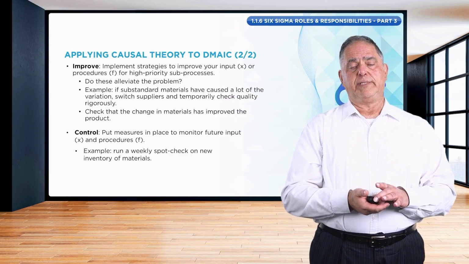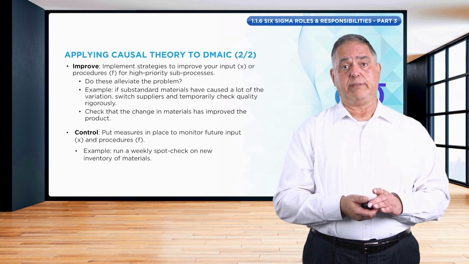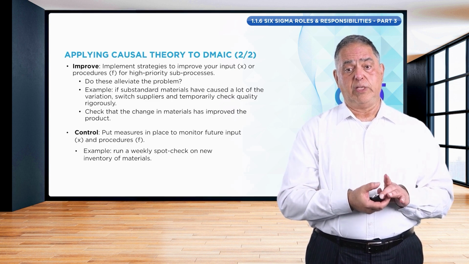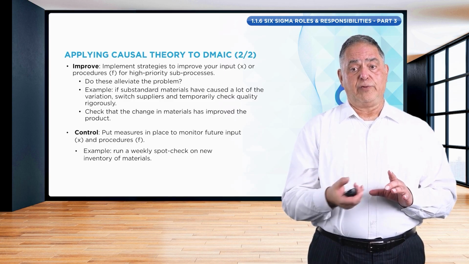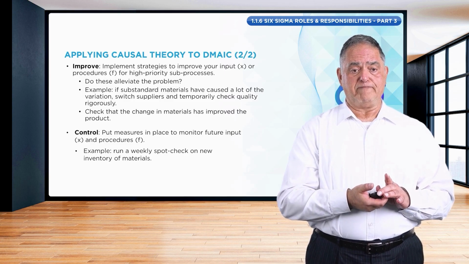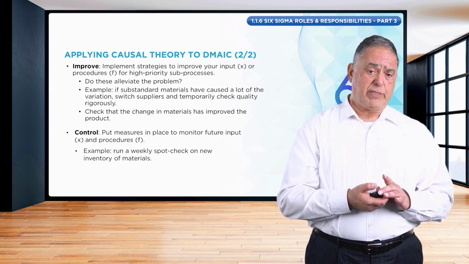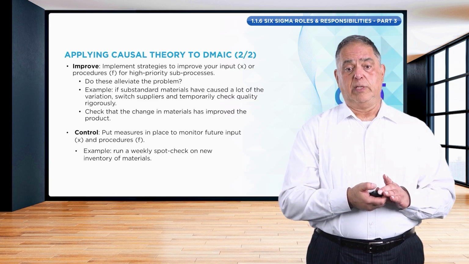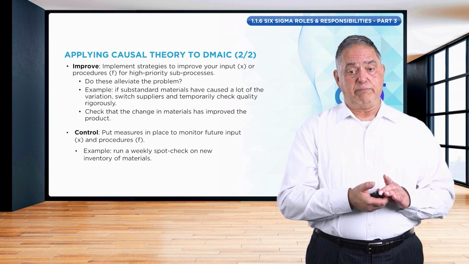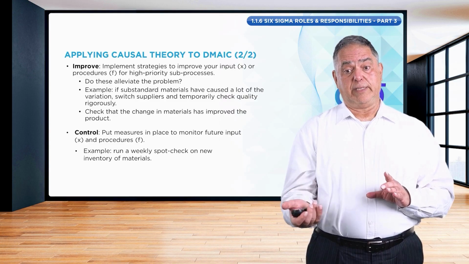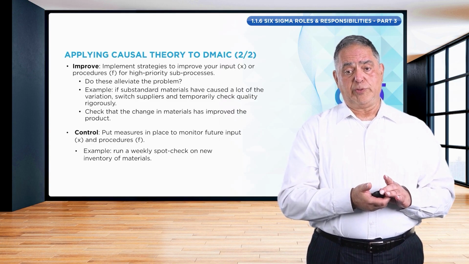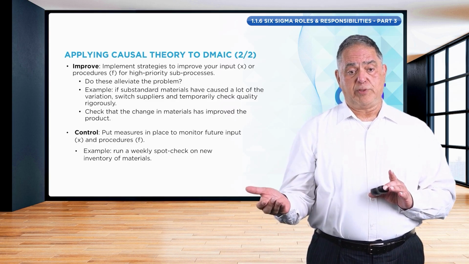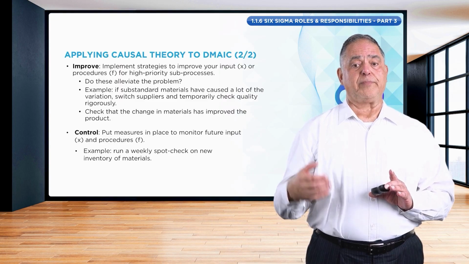In the improve phase, this is when we implement some strategies in order to improve your inputs or procedures for a high priority sub-process. And during the control phase, we put measures in place to monitor the future inputs and the procedure. And usually, if you remember, we standardize the process during the control phase.